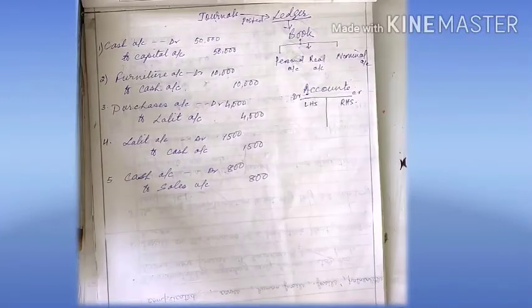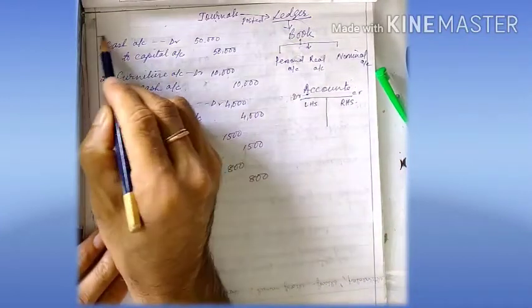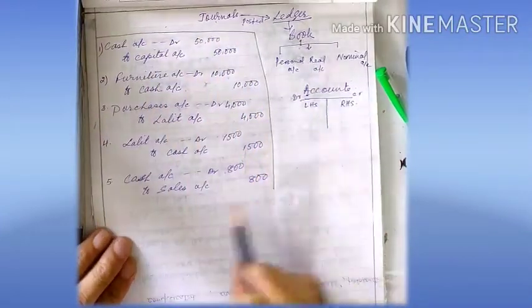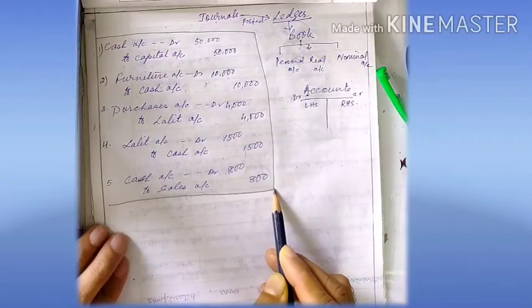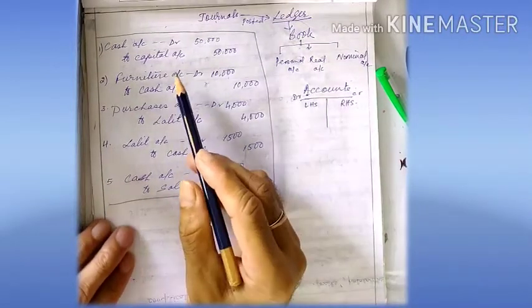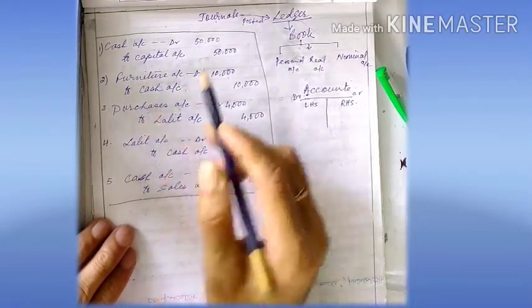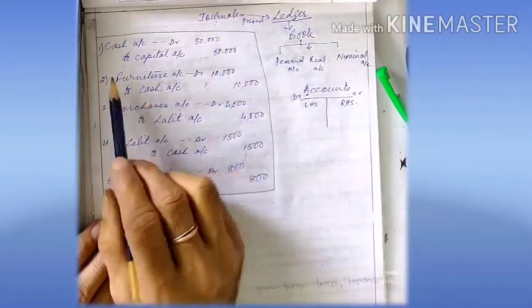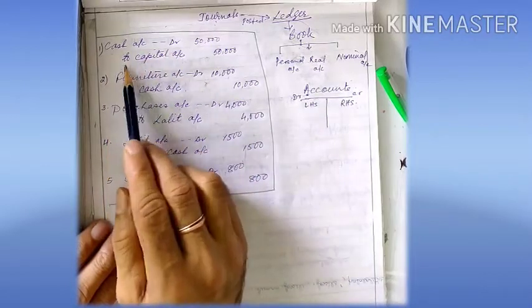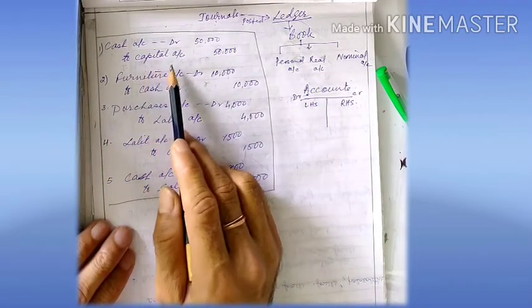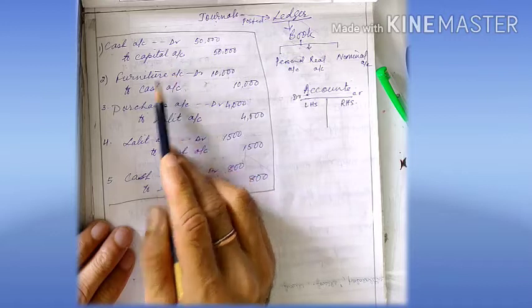Now, how to prepare a ledger? In order to learn how to prepare a ledger, here I have taken an example of journals. These are the records that you find in journal. The first record is cash account debit to capital account. This is for capital invested into business.